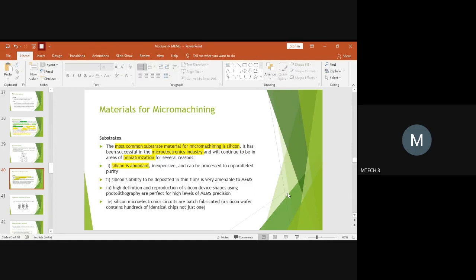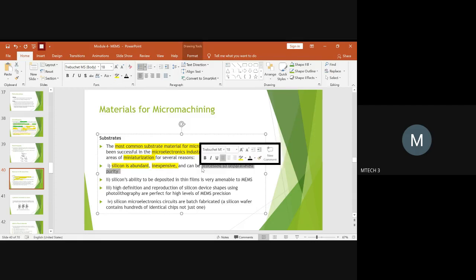The second most important factor is that it is inexpensive. It is cheaply available. And the other thing is it can be processed to unparalleled purity. What do I mean by that? It can be processed easily and it will not be contaminated. It will hold its purity to 100% irrespective of the processing method followed.